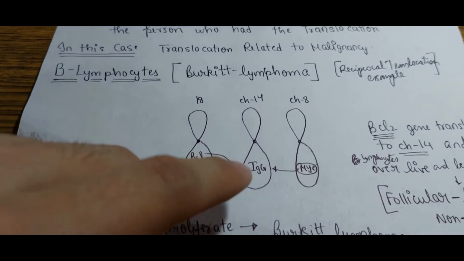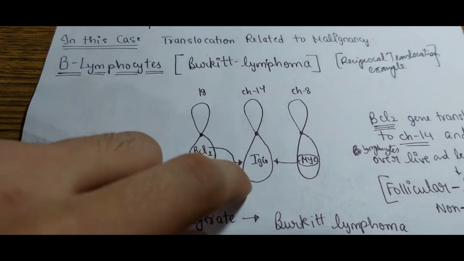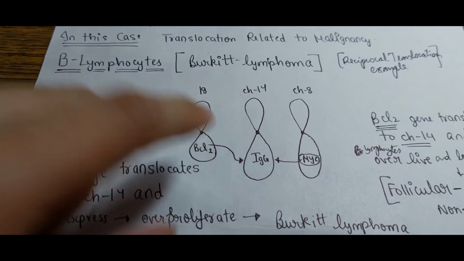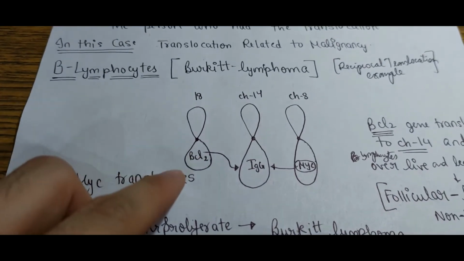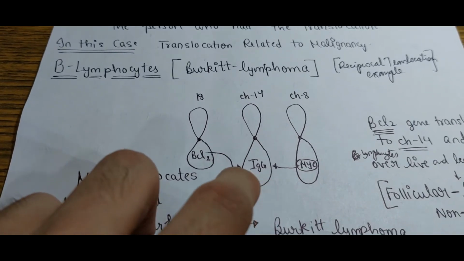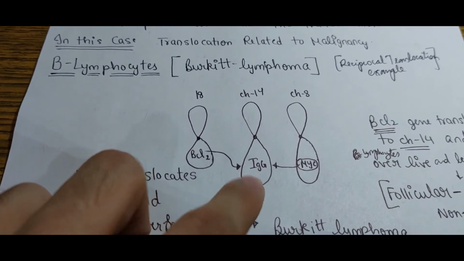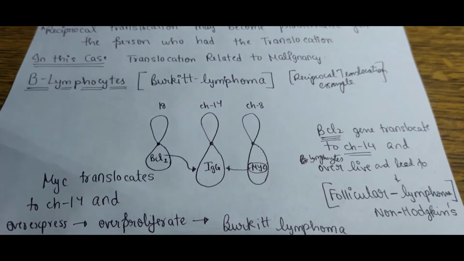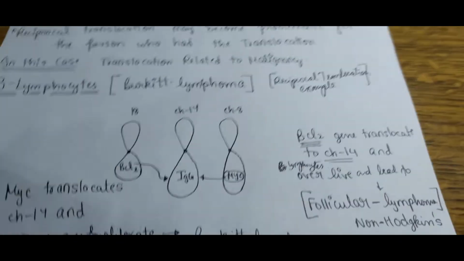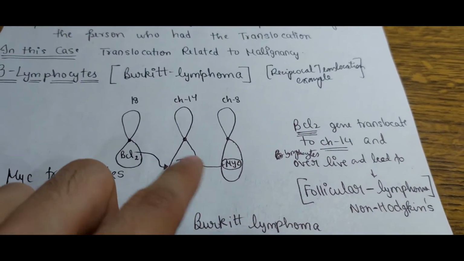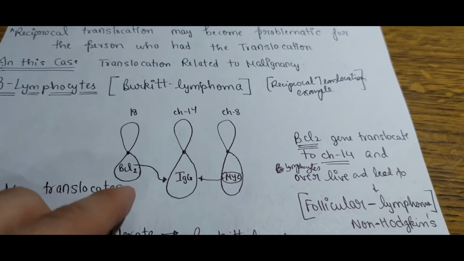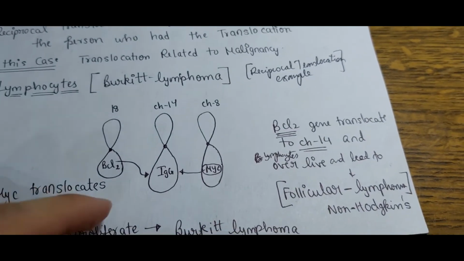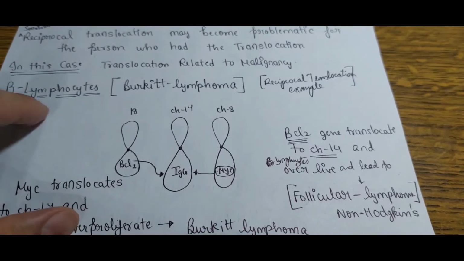Another possibility with B lymphocytes is that chromosome number 14 translocates with chromosome number 18. On chromosome number 18, at the bottom, we have the BCL2 gene. If this BCL2 gene translocates and comes onto this part of chromosome 14, and this part of chromosome 14 goes there, then the BCL2 gene will be present in the vicinity of the hyperactive immunoglobulin G gene. Due to the high activity of the immunoglobulin G gene, the BCL2 gene also starts acting at a higher rate, and that causes elongation of the lifespan of B lymphocytes.